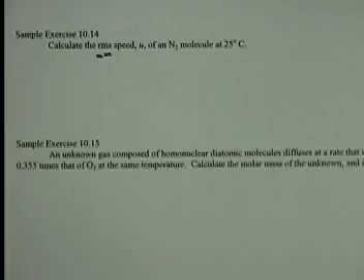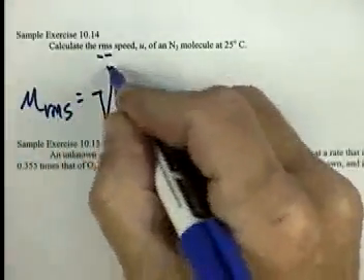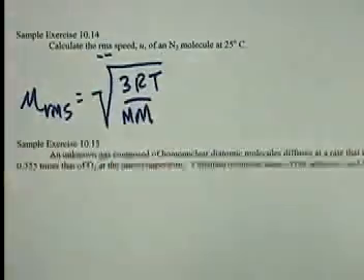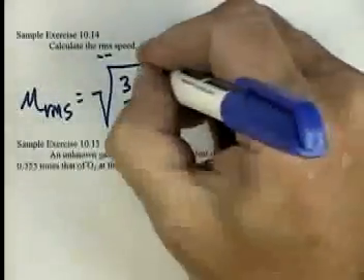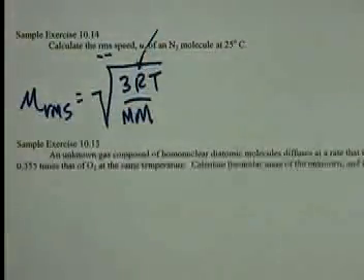You have to be kind of careful with the equation that I showed you earlier. The equation that I showed you earlier was that RMS speed is equal to the square root of 3RT divided by molar mass. Remember that R is usually given to us in liters.